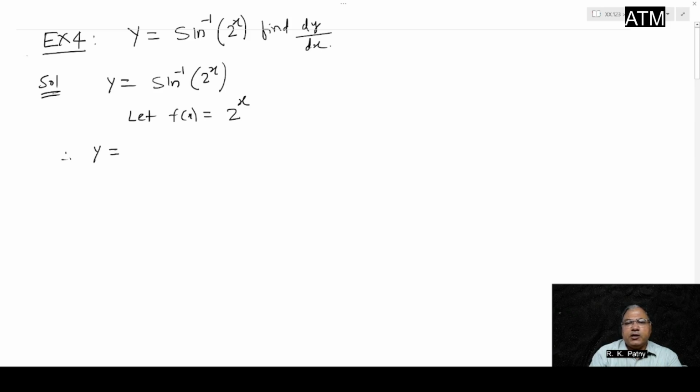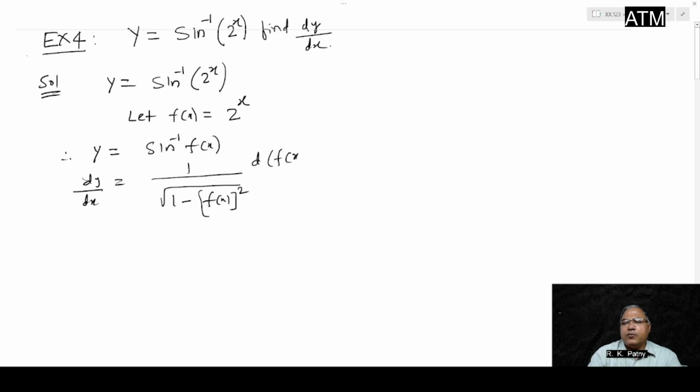Therefore, y equals to sine inverse of f of x. dy by dx equals to 1 upon under root of 1 minus f of x whole square into derivative of f of x with respect to x equals to 1 upon under root of 1 minus (2 raised to x) whole square into derivative of 2 raised to x with respect to x.